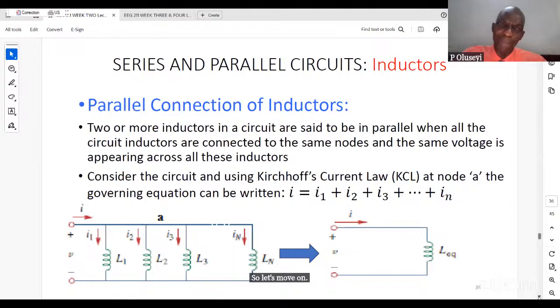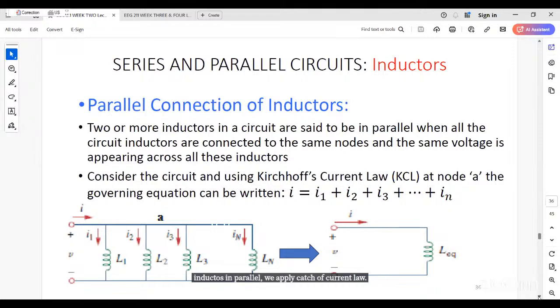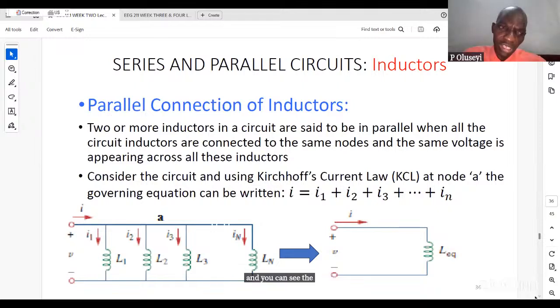So when we look at the parallel connection of inductors, this is what we have naturally. In the case of series we apply Kirchhoff's voltage law, but in the case of inductors in parallel, we apply Kirchhoff's current law. And you can see, regarding what Alozie was asking about the current, it has been split into several branches.